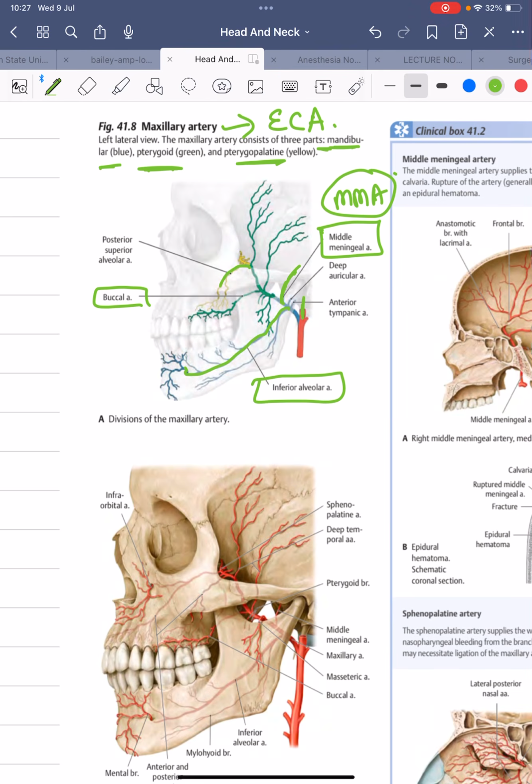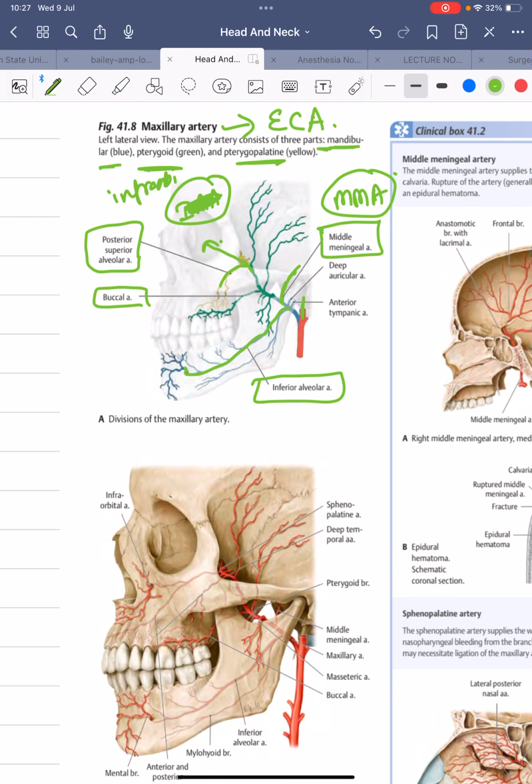This third part will be continuing, sorry, not as the inferior alveolar artery, it will be continuing as your infraorbital artery.